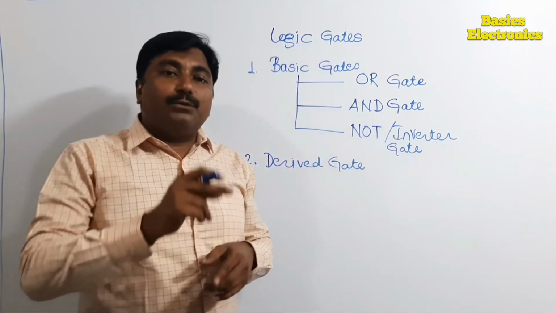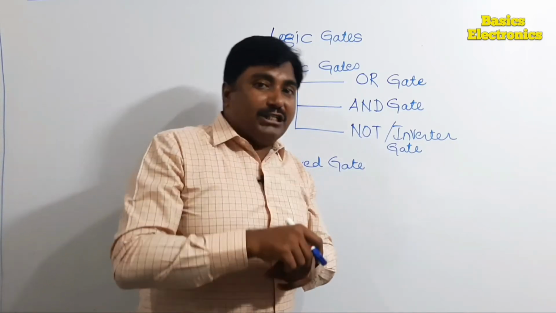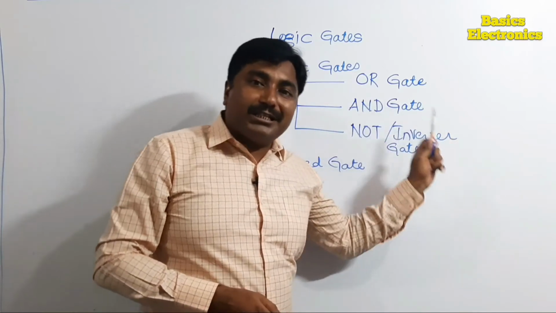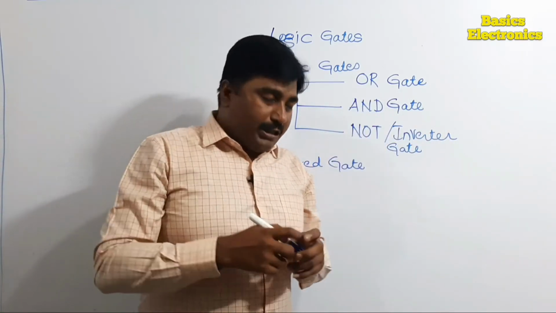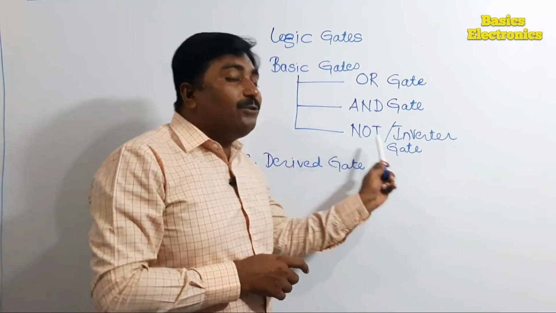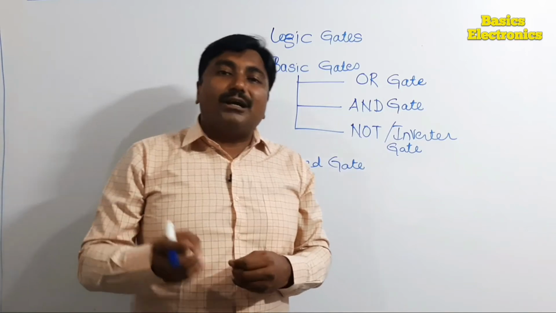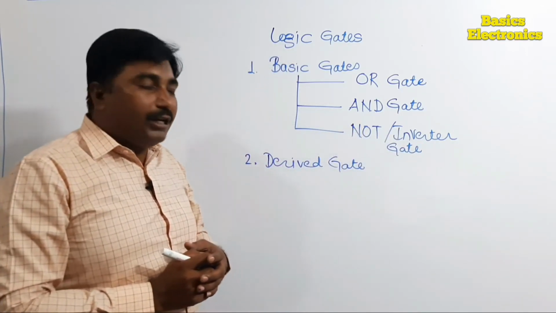Instead of mathematical, we use the word logical function or Boolean function. The second one is the AND gate, which is used to implement the AND function, and the third one is the NOT gate, used to implement the NOT function.